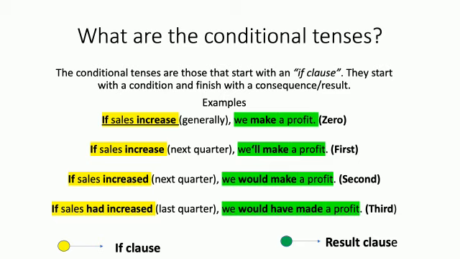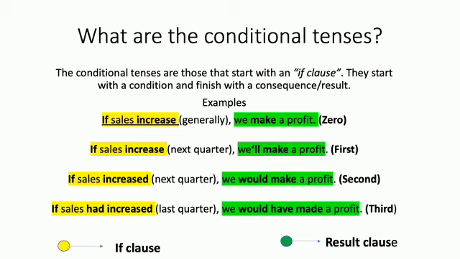And we have, if sales had increased, we would have made a profit. Here we are talking about something that has already finished, and we are just dreaming about something. So this is not true, this is unreal, this result is unreal.